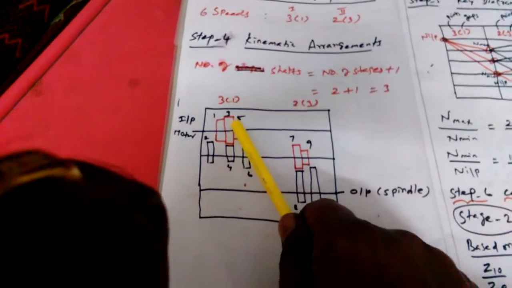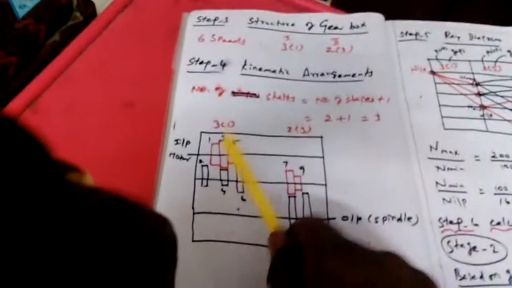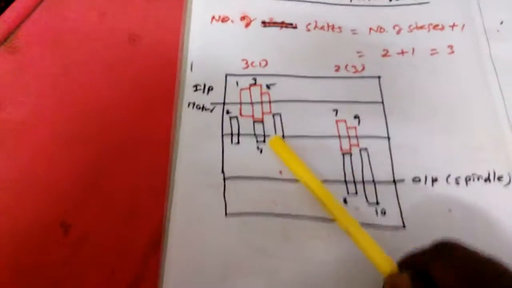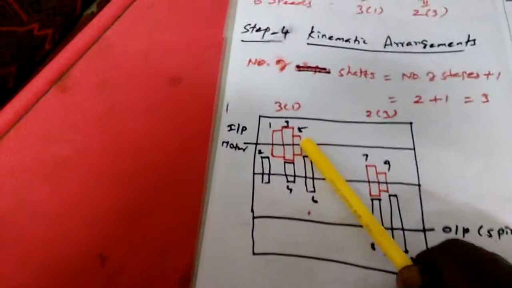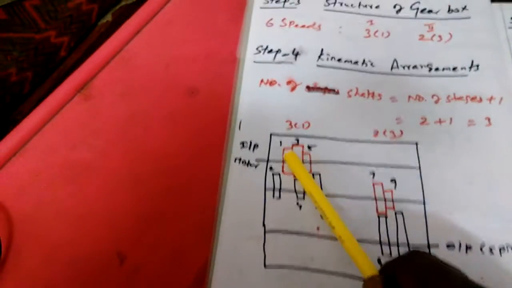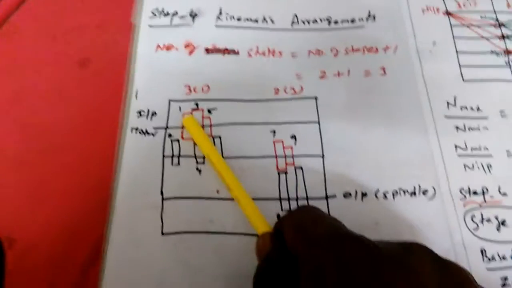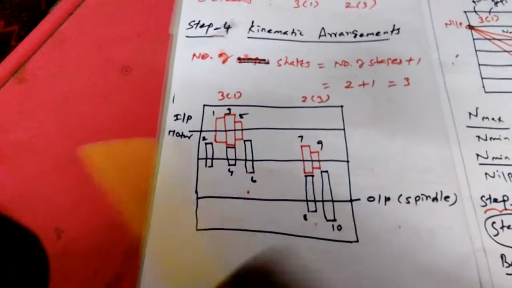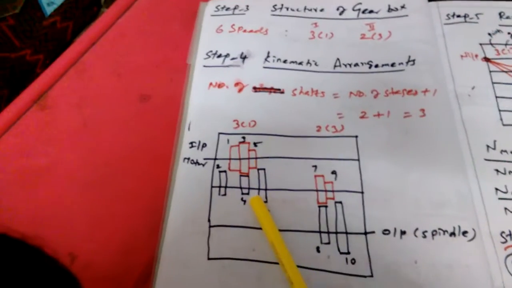Suppose for how to draw the matting gear: here the third gear is the larger one, and similarly the fourth gear is the smaller one. The fifth gear is the smaller one, so we have to draw a larger one. The first gear is somewhat bigger than the right side gear, that is the fifth one, so we have to draw a larger one. So we have to draw 3 matting gears.